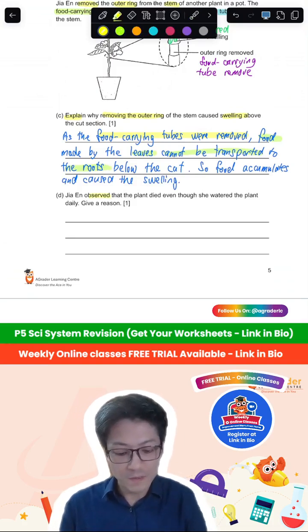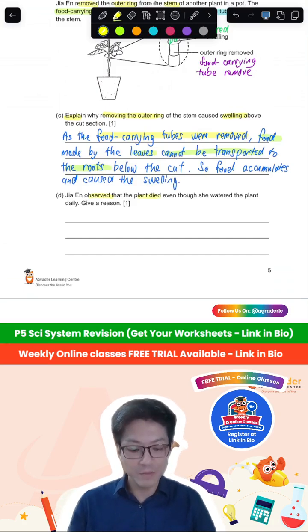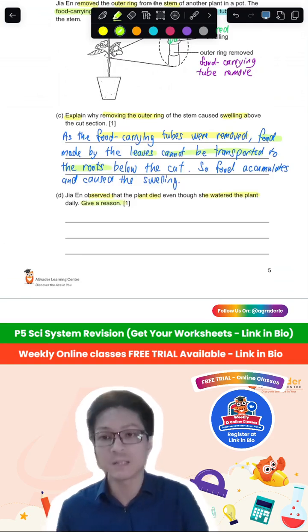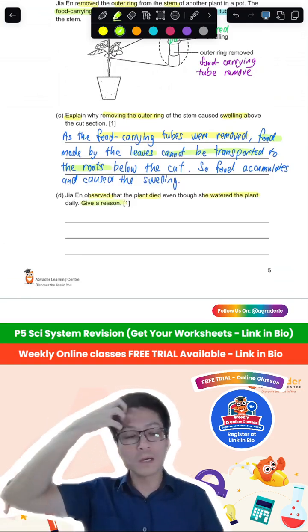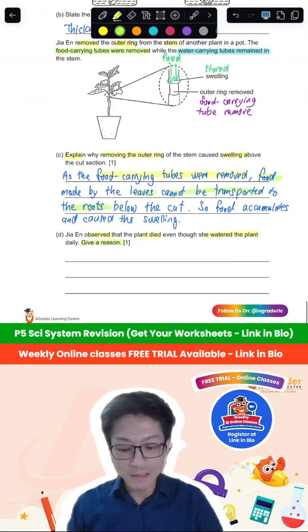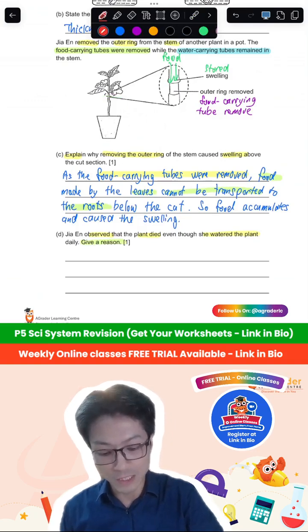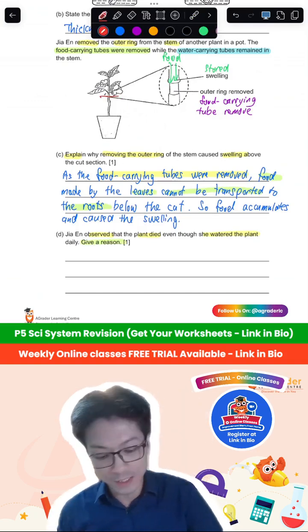Jian observed that the plant died even though she watered the plant daily. So give a reason. The main reason the plant died is because the cut is over here. Let me draw a line over here. You can see the diagram, right?